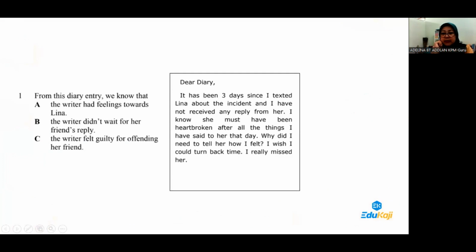Now if you look at paper 1, I have already mentioned this many times. Paper 1 gives you 40 questions, which consist of 5 parts: part 1, 2, 3, 4, and 5.